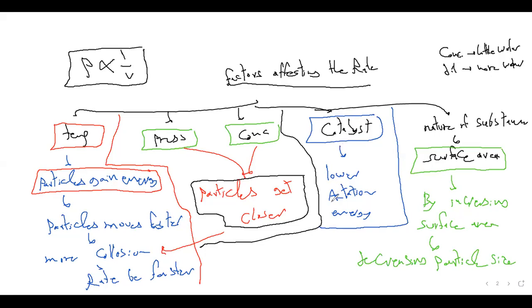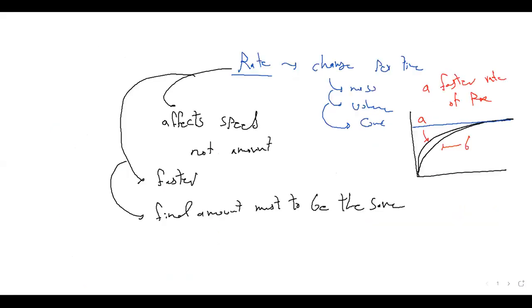What is meant by activation energy? The minimum amount of energy to start the reaction. And also surface area: by increasing surface area or decreasing particle size, the rate of reaction will be faster. And we said that for a faster rate, the final height of both must be the same. So they have the same final amount, but the difference is the change per time: mass per time, volume per time, or concentration per time.